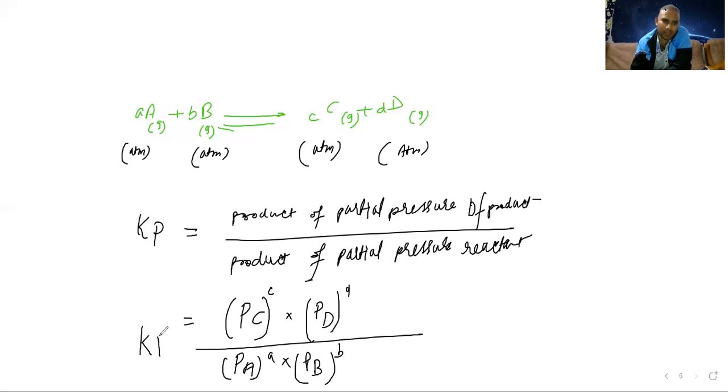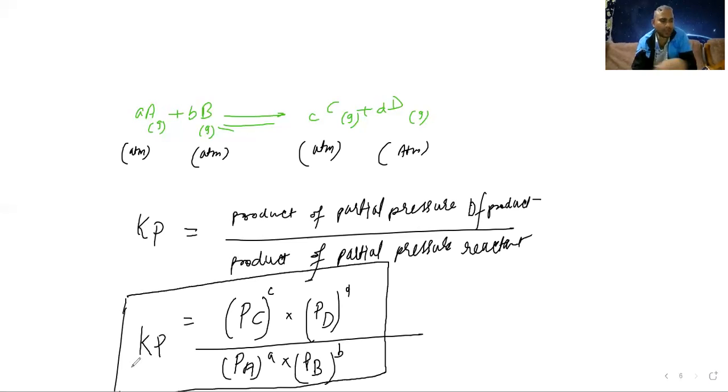This is the representation of Kp, and this is our required answer. Getting my point? This is the relation for Kp. We will do the problems based on it tomorrow. Thank you very much.